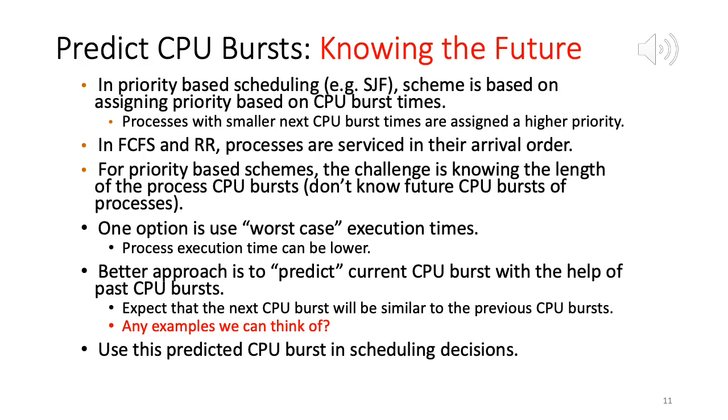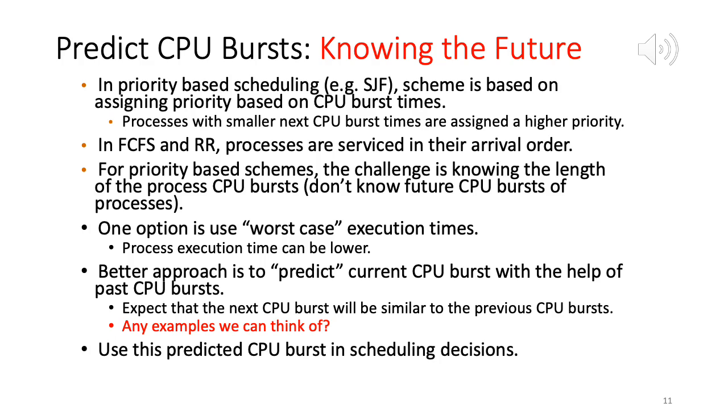In first come first serve, processes are serviced in their arrival order, so it doesn't really matter how long the process is. Whenever the process comes, it gets some scheduling order, goes into the queue, and when its turn comes, it executes, no matter what its length is.